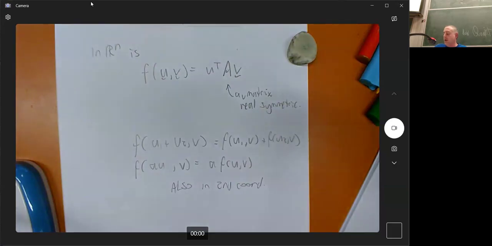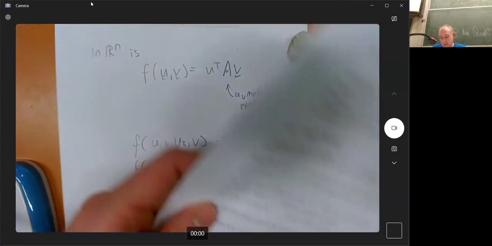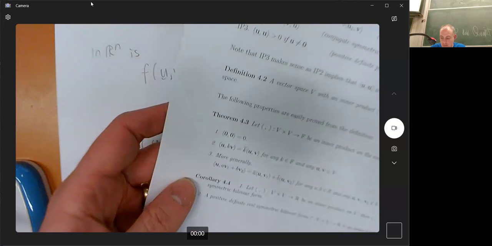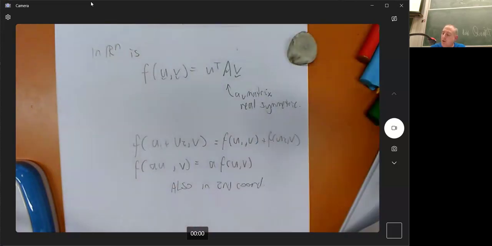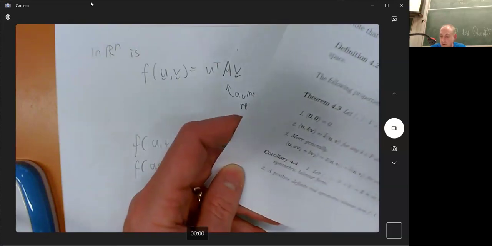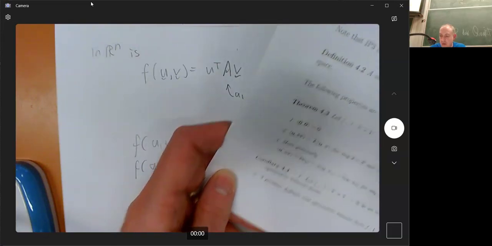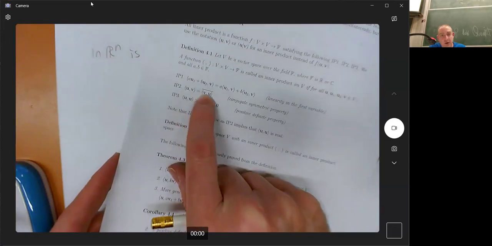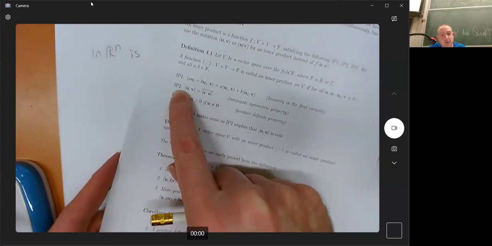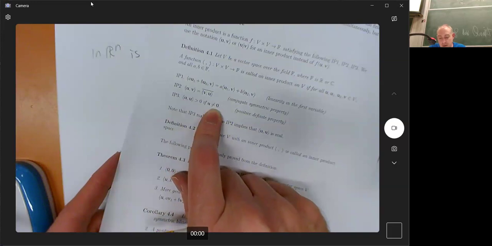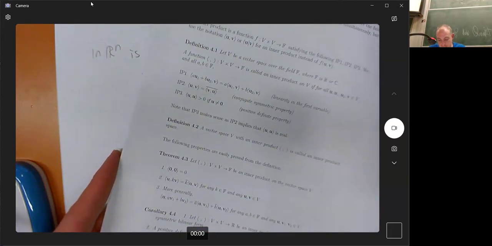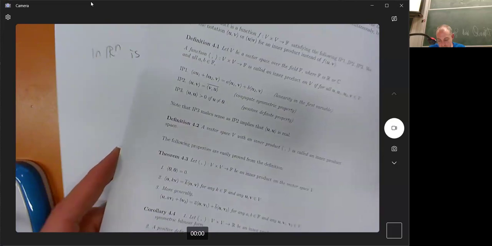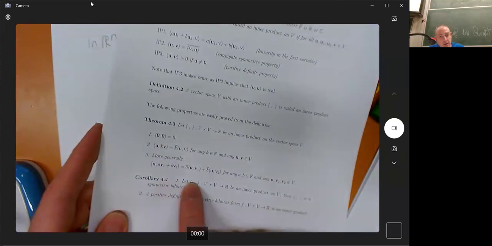Bilinear forms are only based on the field that you've got. This is true for inner products here, conjugate symmetricalness.